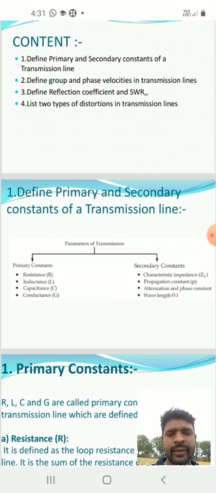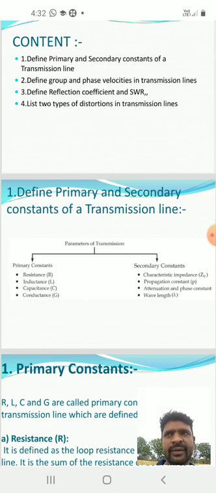Here, this transmission line contains two major parameters. The parameters of transmission line are divided into two types: primary constants and secondary constants.